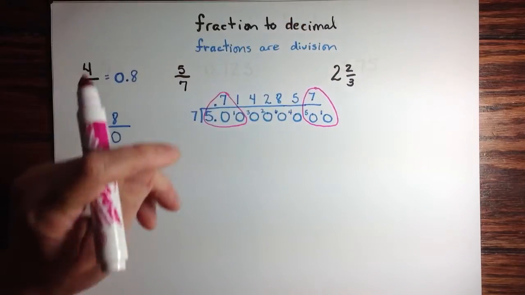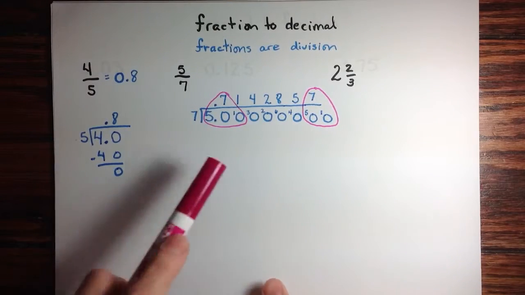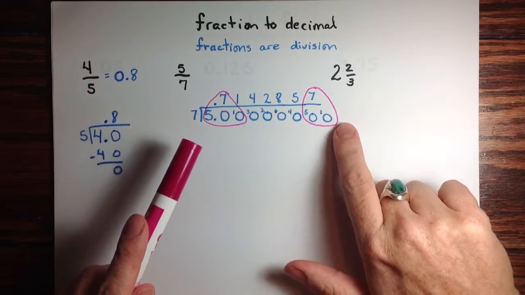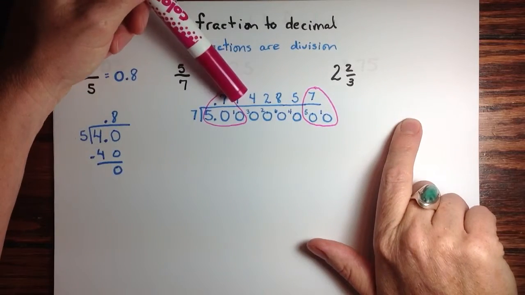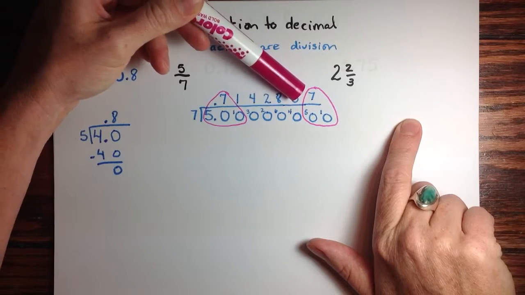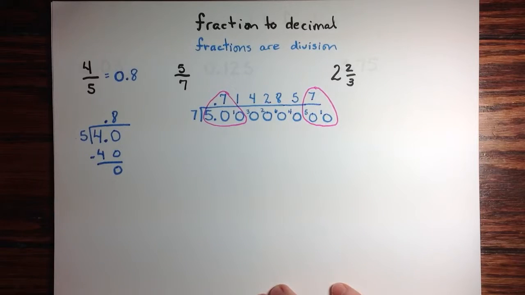So what that means, since we're always adding only 0, is that we've had a pattern start here that is just going to continue. If we continued dividing, it would fit 1 time, then 4, then 2, then 8, then 5, then 7 again, and then the pattern goes on. 1, 4, 2, 8, 5, 7, 1, 4, 2, 8, 5, indefinitely.